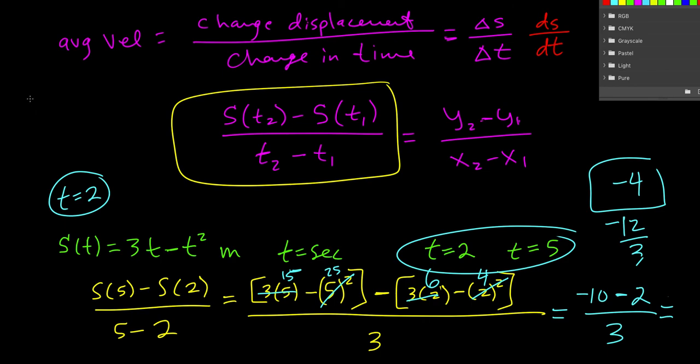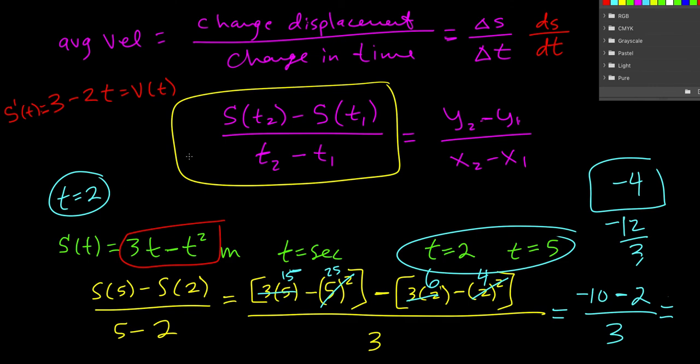And so we take this function, take the derivative of that. That's just going to be 3 minus 2t. So that was s prime of t, or v of t. Same thing.